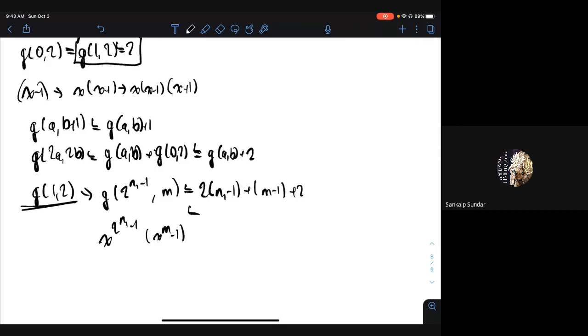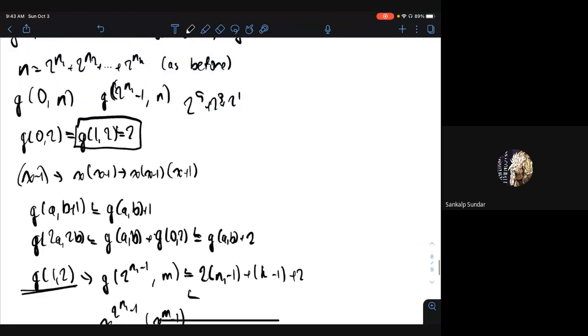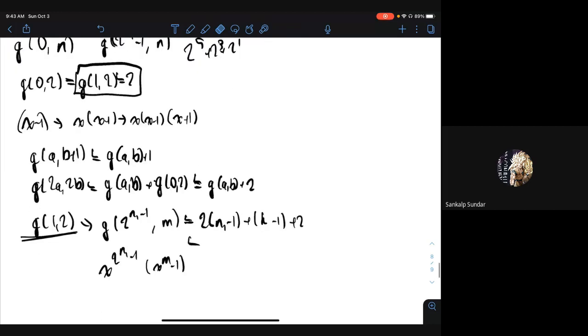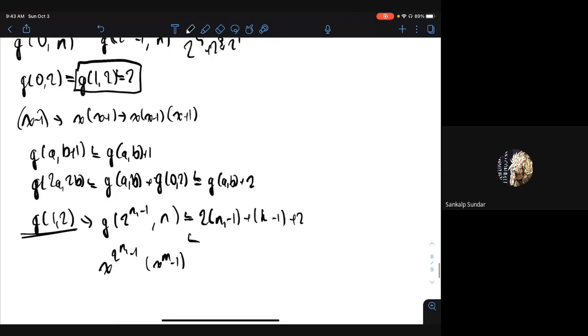Sorry, not m, I meant k, because the k here is the number of bits, and this is actually n in our notation.